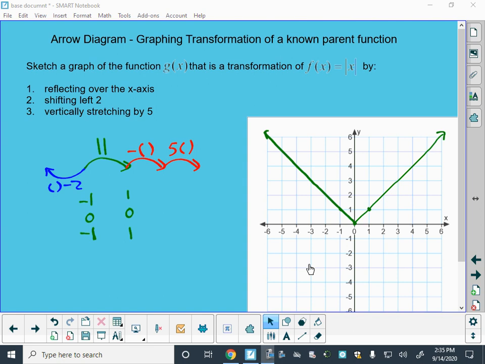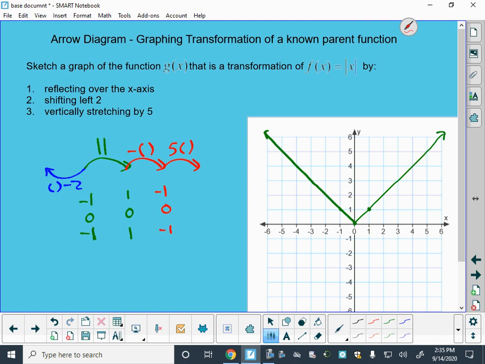Now all we're going to do is do what the arrows tell us to do. Okay, so this arrow says change the sign on whatever the input was. Well, my inputs are in a list right here at the beginning of that arrow. So the 1, change the sign on that, becomes a -1. 0 is still 0. This becomes a -1.